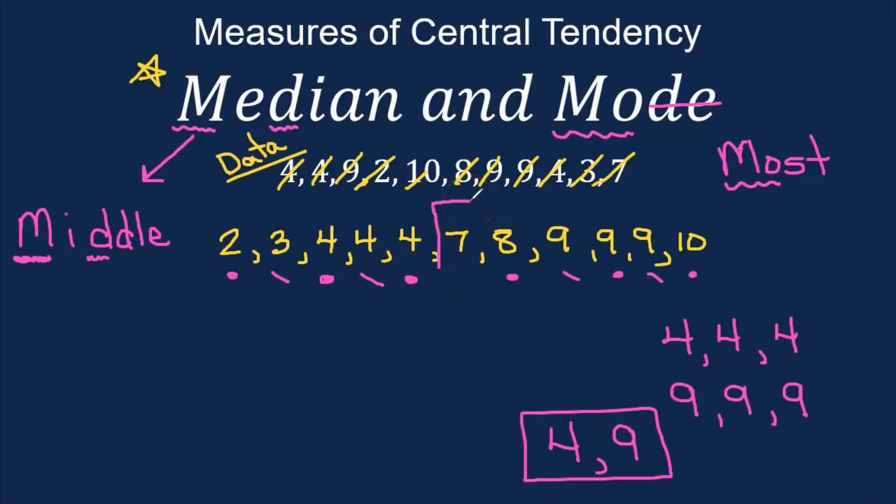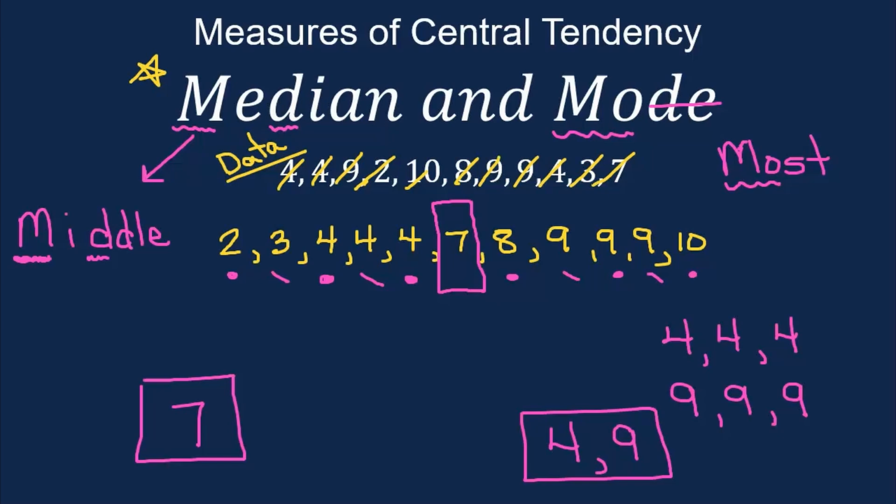And the number that doesn't have a partner from the outside is the number 7. And so our median, or the middle of a data set, is the number 7. So this is a relatively easy data set to find both of these, with the unique thing that happens just every once in a while in that you can actually find 2 different modes.